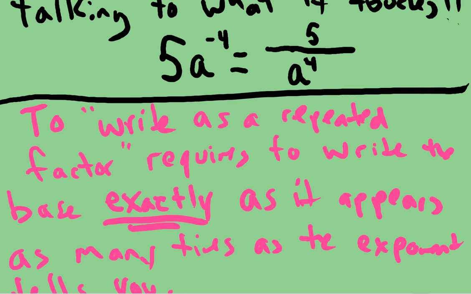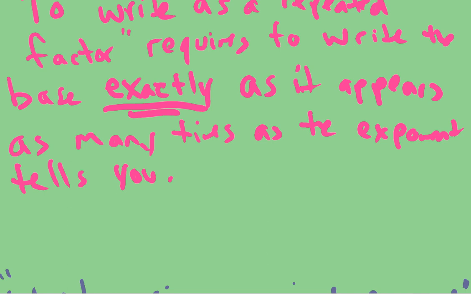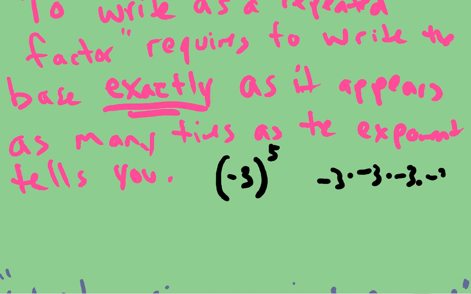To write as a repeated factor requires you to write the base exactly as it appears as many times as the exponent tells you, such as if it says negative 3 to the 5th power. 1, 2, 3, 4. Is that right?